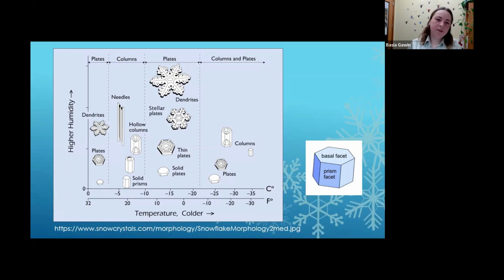But as I kept looking into more information about this diagram, there were even more big terms like structure-dependent attachment kinetics, and knife edge instability, which is a hypothesis. And I was like, I think we know enough about snowflakes for now. So any questions about any of the science stuff that we've covered so far before we move on to art, the fun part?